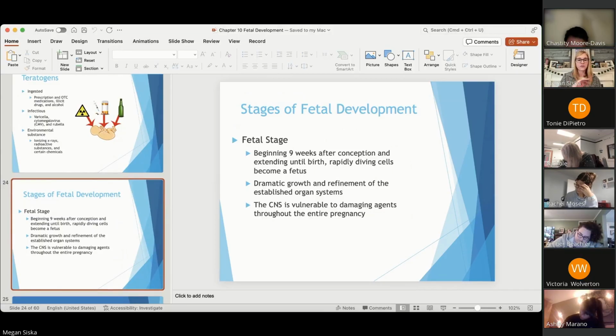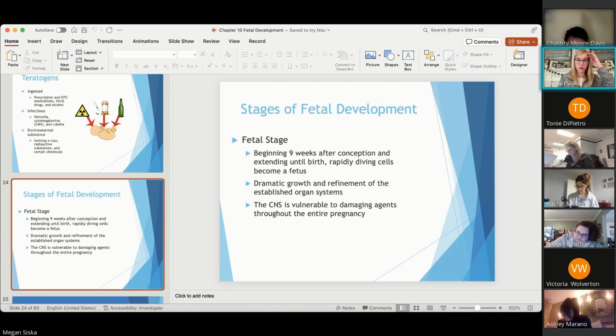Okay, so after that 8th week, we are now in our fetal stage. From 9 weeks until the birth of the baby, we are in our fetal stage. We call it a fetus at this point. During this time, all of those organ systems are going to mature and grow.